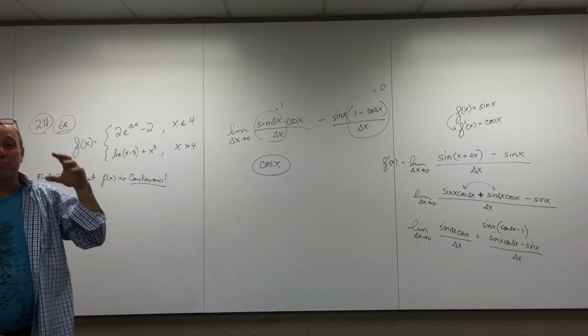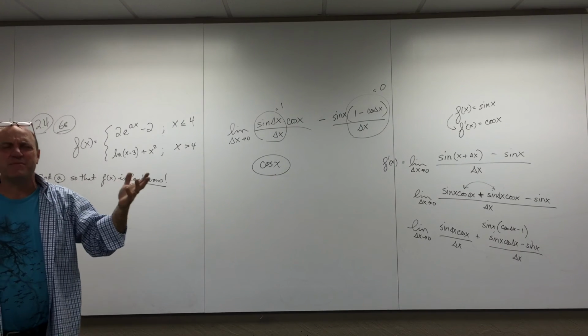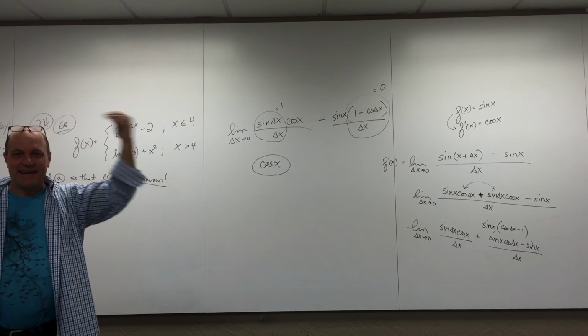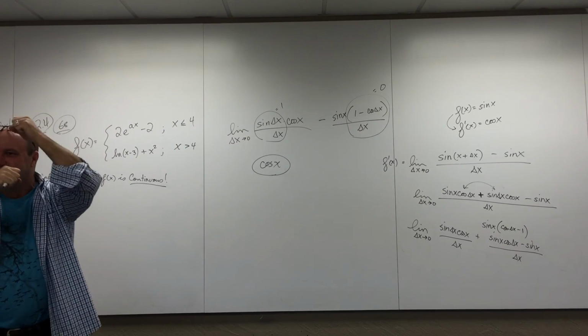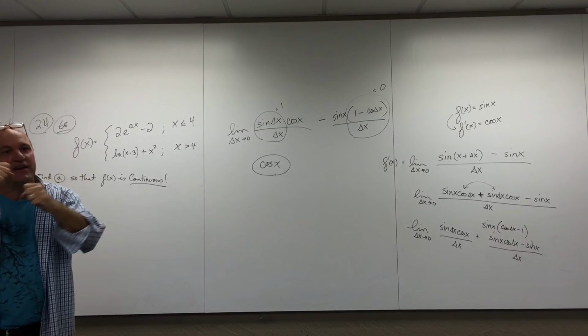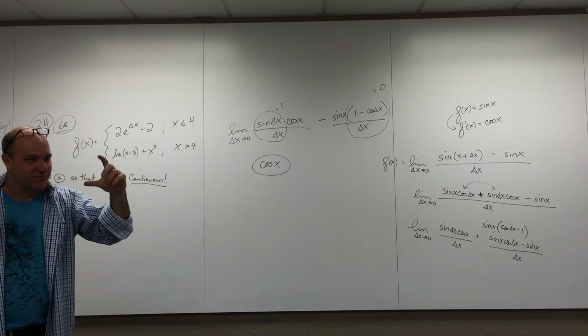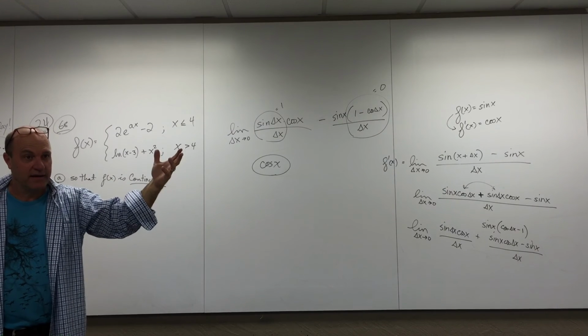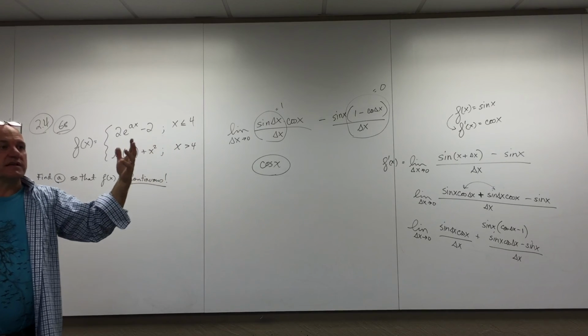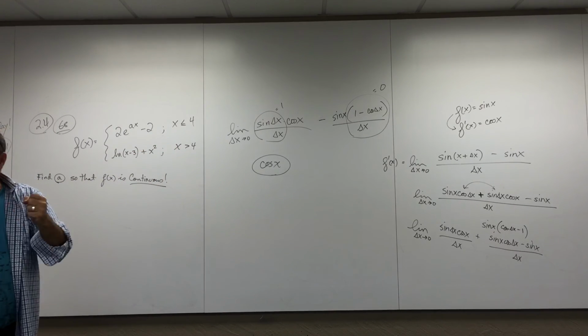But what do you think the most important step was? What was the big theme you got out of last week? Number 2, the left and right needed to line up: the limit from the left and the limit from the right had to equal each other. To be continuous, the left and right need to match up.